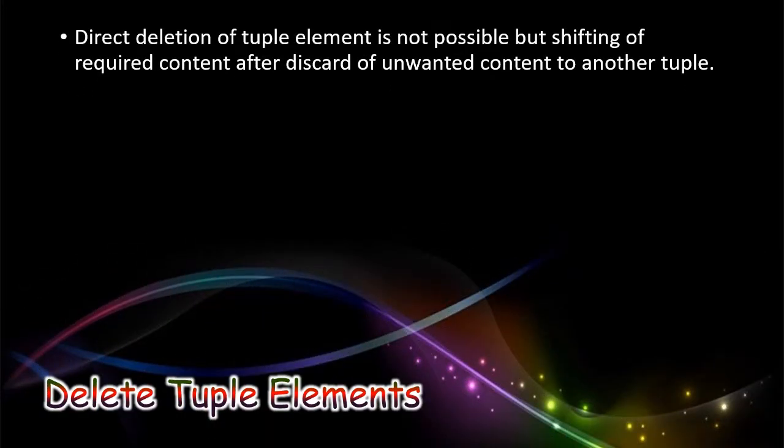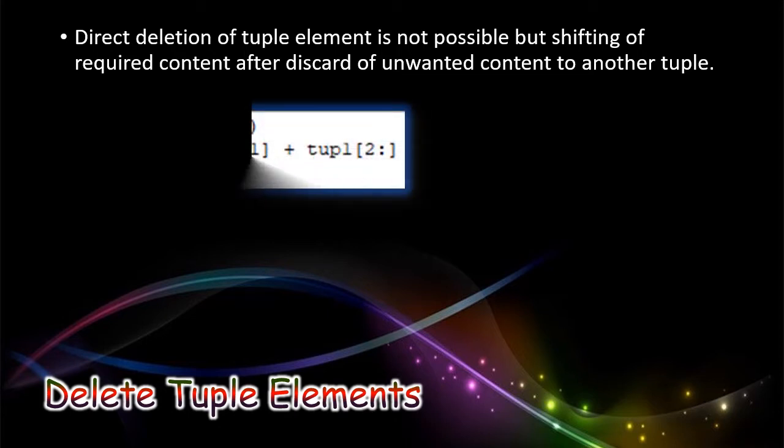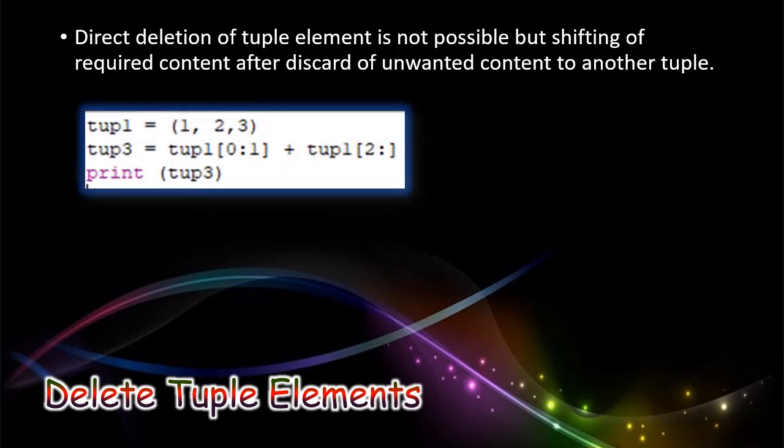And deleting an element is also not possible, but we can slice and remove the unwanted element from the tuple, and assign it to some other variable. Here tuple 1 equal to 1 comma 2 comma 3, and from tuple 1 we are slicing 0 colon 1, that is 0 colon 0, so the 0th element 1 will be taken, and tuple 1 of 2 colon means only the value 2, that is 3.